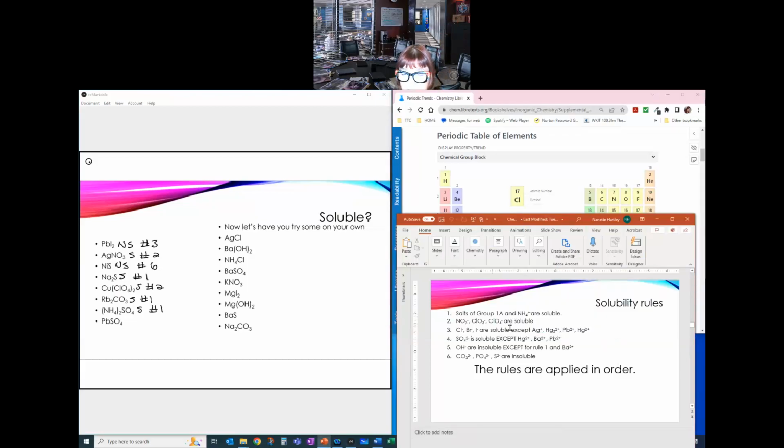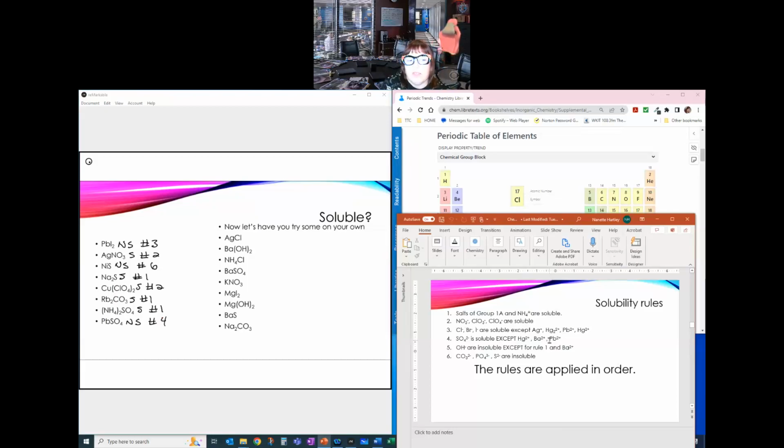None of these anion rules apply when we talk about the sulfates. Chlorides, bromides, iodides doesn't apply. SO4 2- is soluble except with Pb2+. Since this is listed as an exception, this is not soluble per rule number 4.